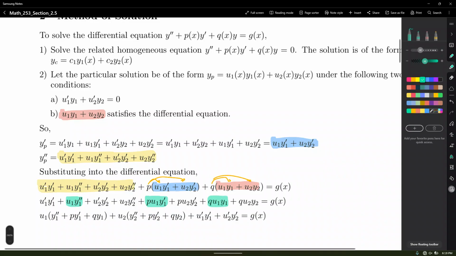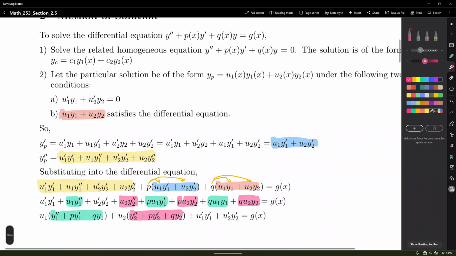And with pink or red, I'm going to highlight all terms containing u2: that is u2 here, u2 there, and another u2 term here. We're going to factor out precisely u1 in the green group, which will be all this, and u2 in the second group.